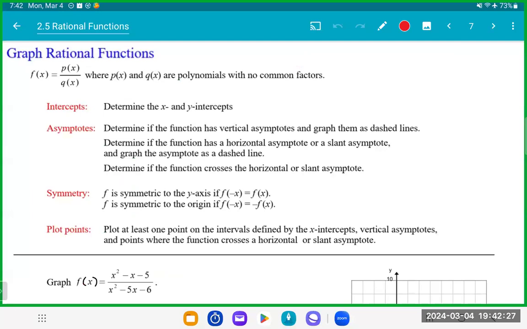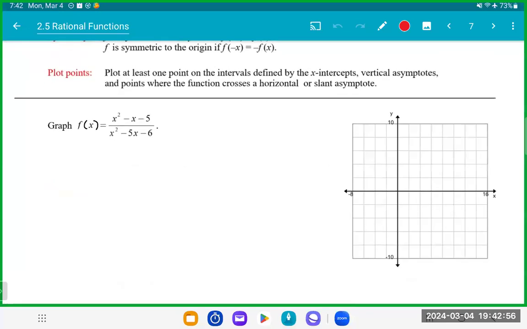So now let's look at when we want to graph rational functions, right? We've looked at x and y intercepts over the course of this chapter. We've now looked at asymptotes. We've looked at symmetry, right? Is it symmetric with respect to the x or the origin? And now all we have to do is we can plot some points and we can get a good representation of what that graph would look like without actually building long, busy tables with lots of calculation.